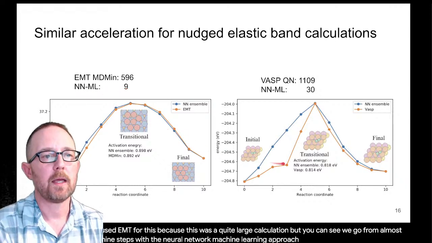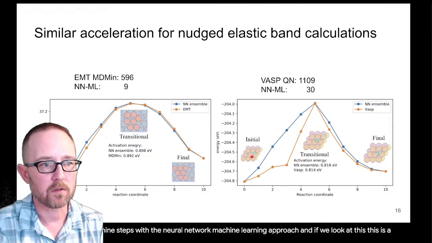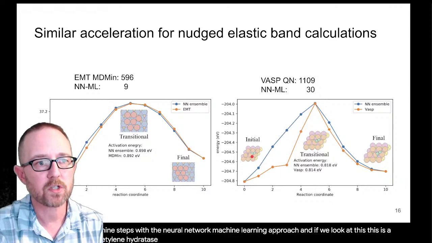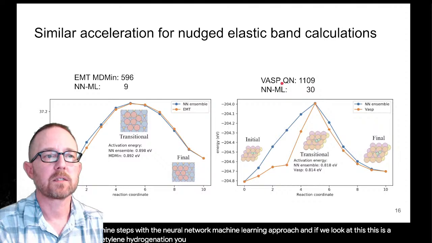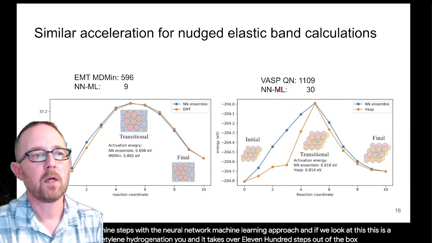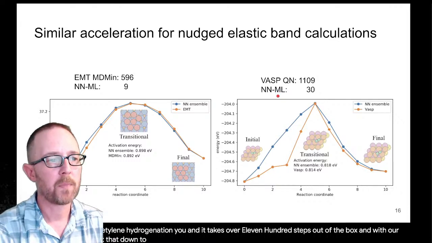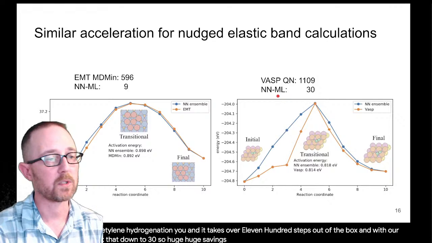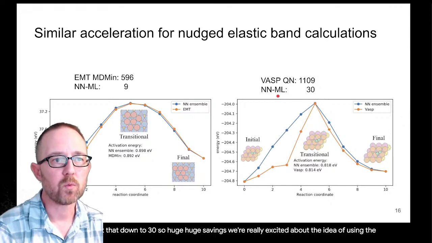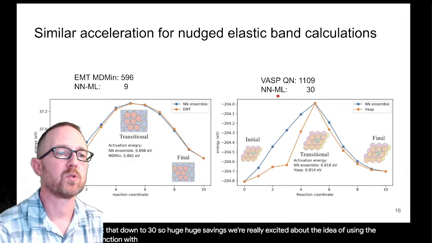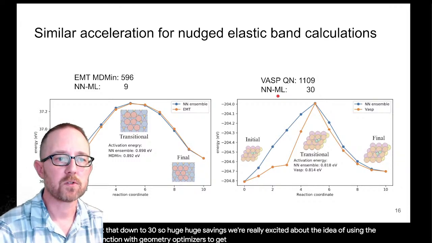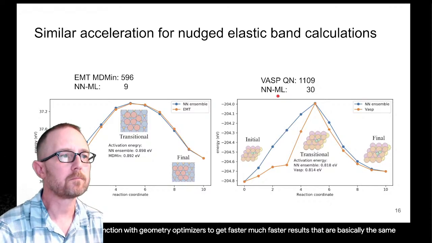And if we look at this, this is a reaction of ethylene or acetylene hydrogenation. And it takes over 1,100 steps out of the box. And with our neural network, we can get that down to 30. So huge savings. We're really excited about the idea of using these surrogate models in conjunction with geometry optimizers to get much faster results that are basically the same accuracy.